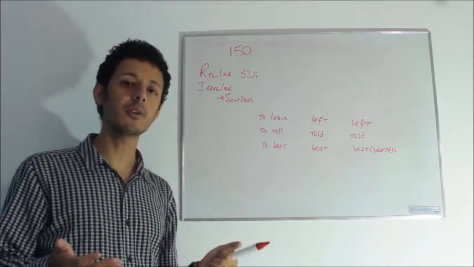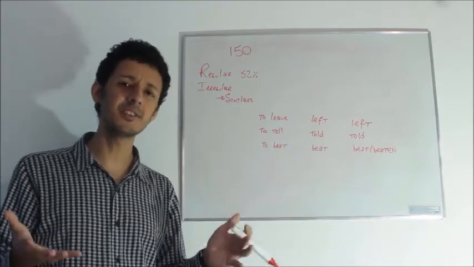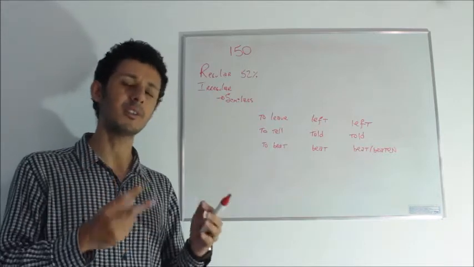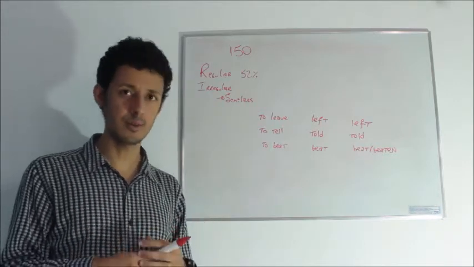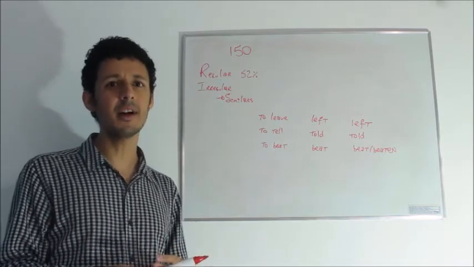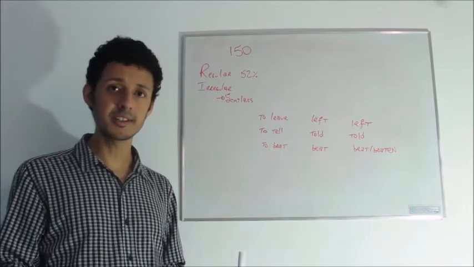But sometimes we see this and think, oh my god, it's so difficult. No, it is very common to have two participles in Portuguese as well. Sometimes we have one regular and another irregular participle, including in Portuguese.